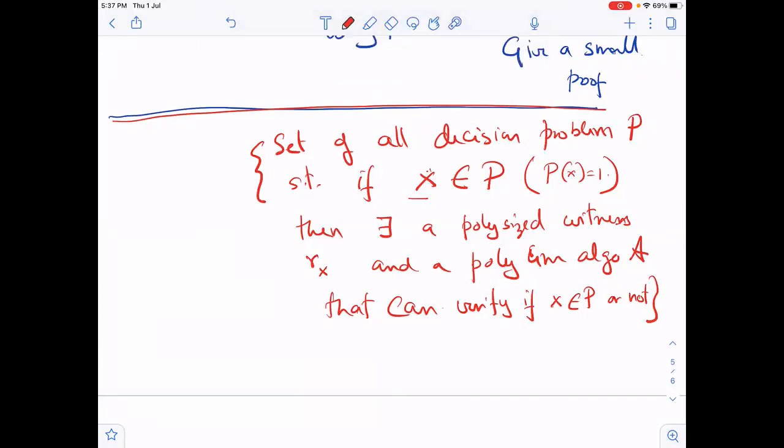So this algorithm A takes X and R of X as input, both. It takes the input X and it also takes the witness R of X. Think of the vertex cover. It takes the graph and the actual vertex cover that has been given to me.